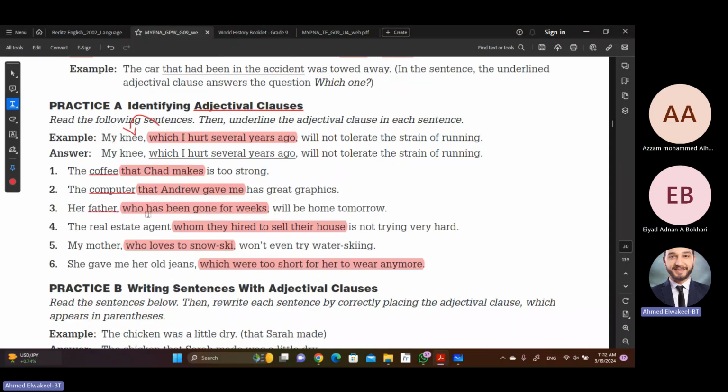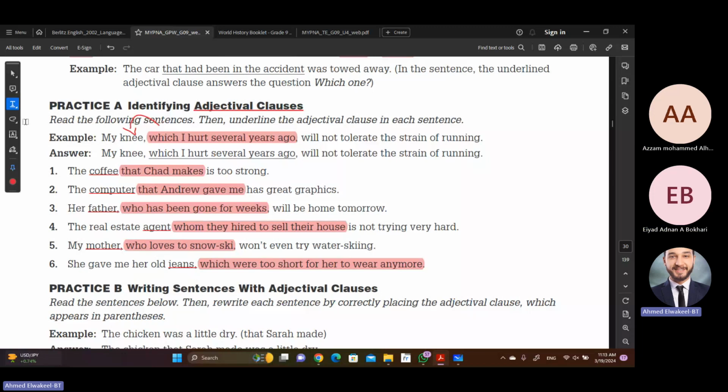Whom they hired to sell their house modifies agent. Who loves to snow ski, mother. Which were too short for her to wear, the jeans, not she. She was not short; the jeans were short for her to wear, right?